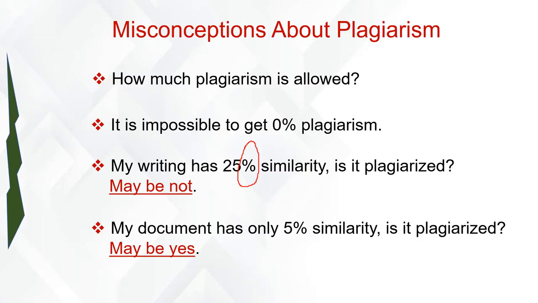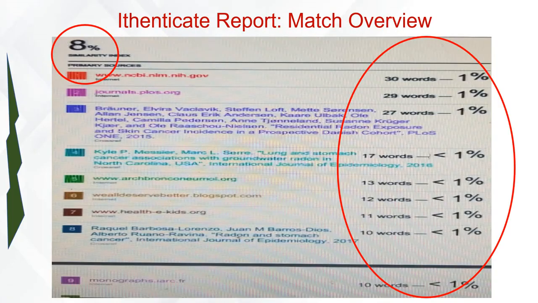So again, you have to go through your report and find out what has been plagiarized. And how should you determine whether this 5% is plagiarism or not, or 25% is not? We have to review this match review from Authenticate. And I will explain in very simple words.